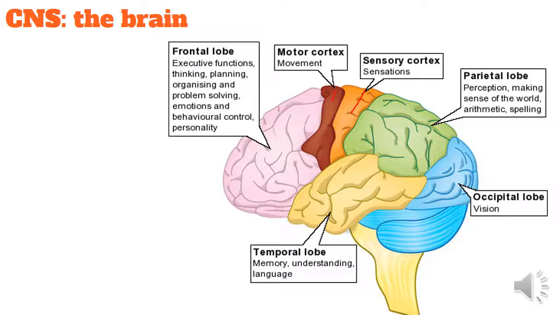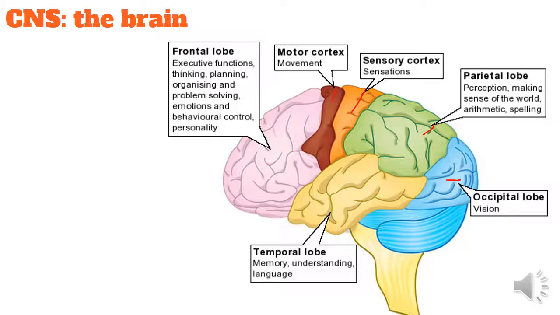Then your parietal lobe, which deals with perception, arithmetic, spelling, just kind of generally making sense. Then your occipital lobe, which is your vision. So sometimes when people get a concussion, they damage this. It could cause you to go blind. One of the reasons to wear a helmet, right?